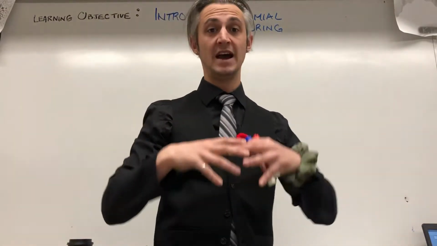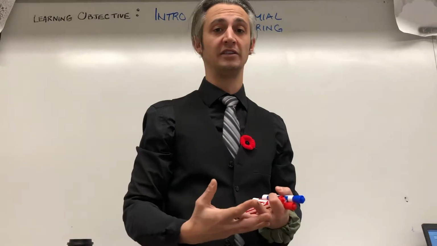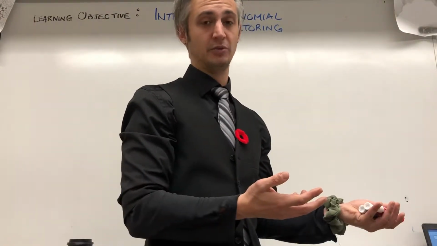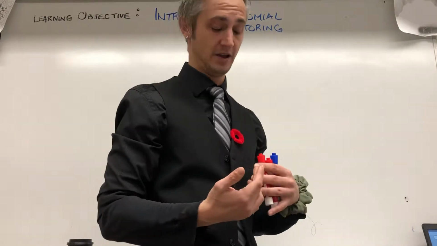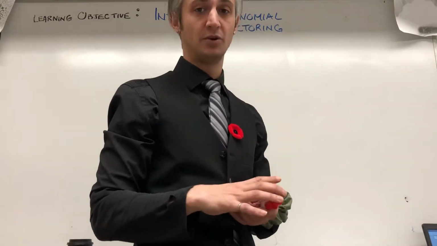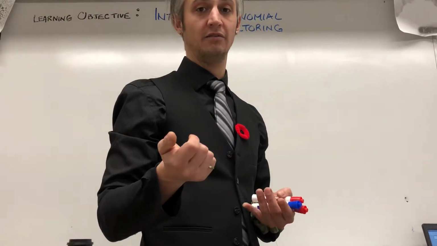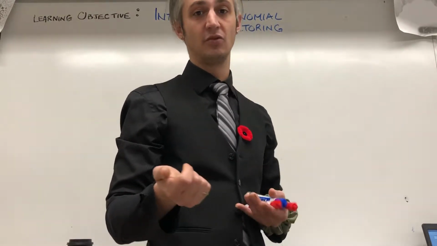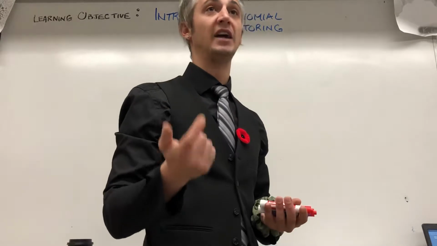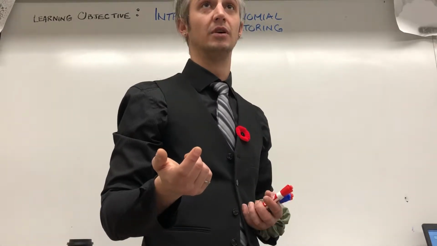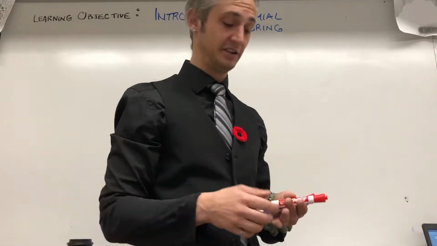Now we're going to bring it all together and start talking about the reverse of multiplying polynomials, which is factoring them. And in order to factor polynomials, we have to know how to factor both variables, so things like x squared, y cubed, as well as prime factoring just regular numbers.